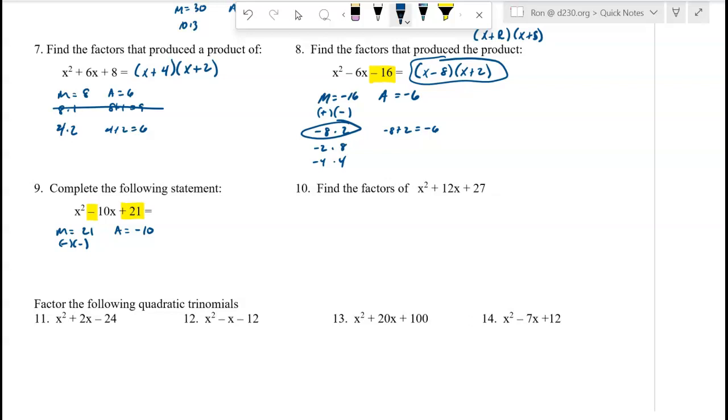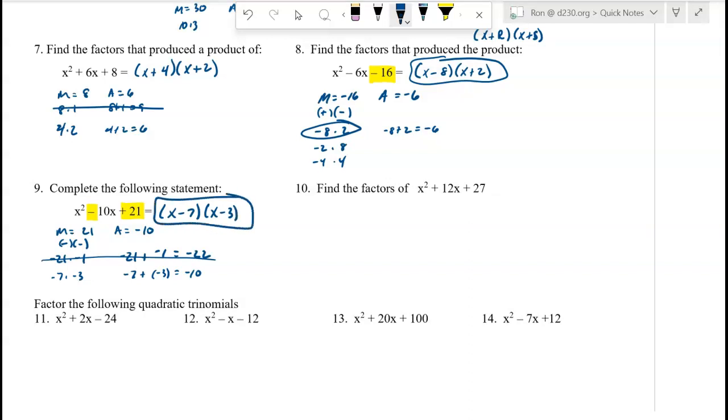So if I did negative 21 times negative 1, negative 21 plus negative 1 would be negative 22. That doesn't work. But negative 7 times negative 3, negative 7 plus negative 3, gives me negative 10. So the numbers that multiply to give us 21 and add up to negative 10 are negative 7 and negative 3. So we use (x - 7)(x - 3).